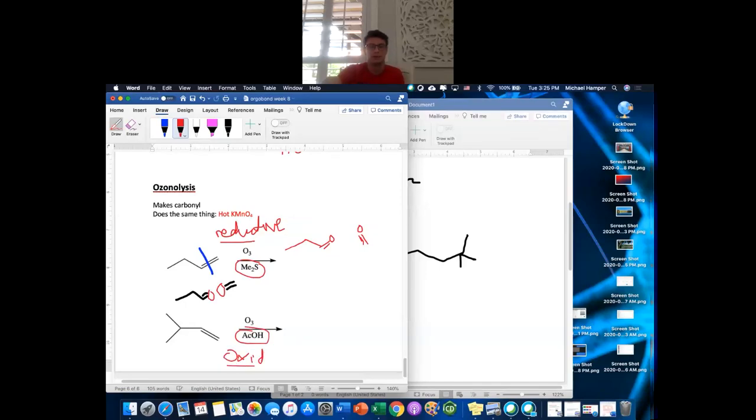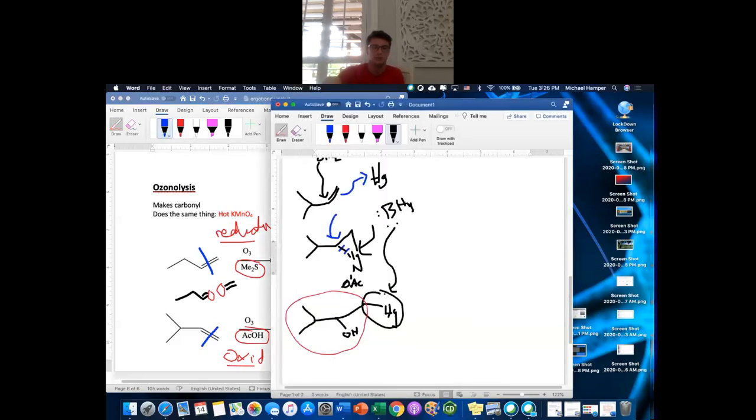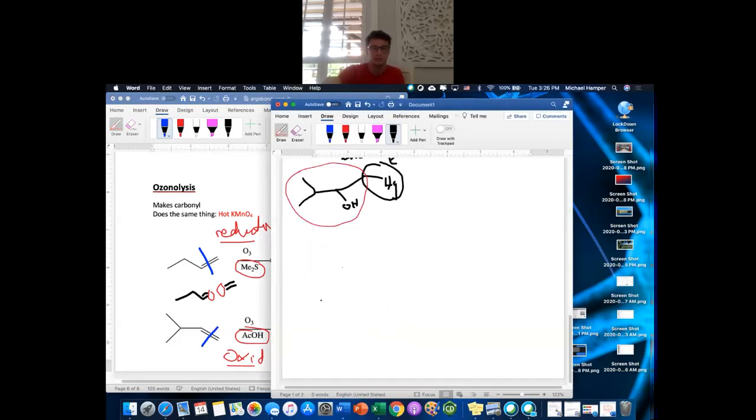That's why you're going to end up with a product that looks like this. So again, just split your double bond in half. For this, if you split your double bond in half, you would get these two things here. But going back to our Gen Chem, what do we know from oxidation?